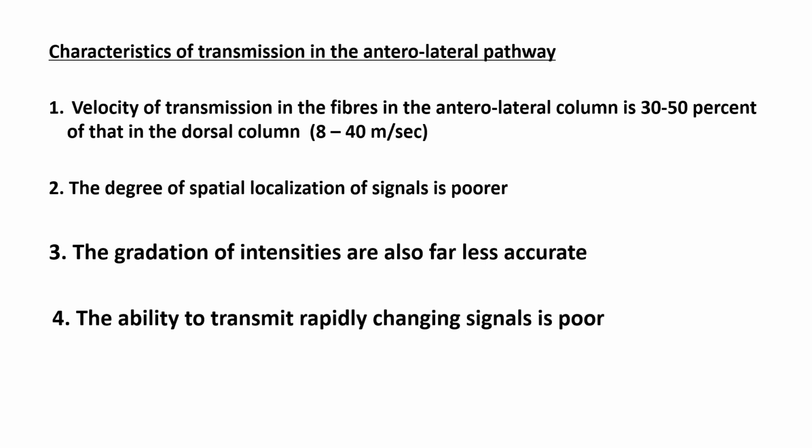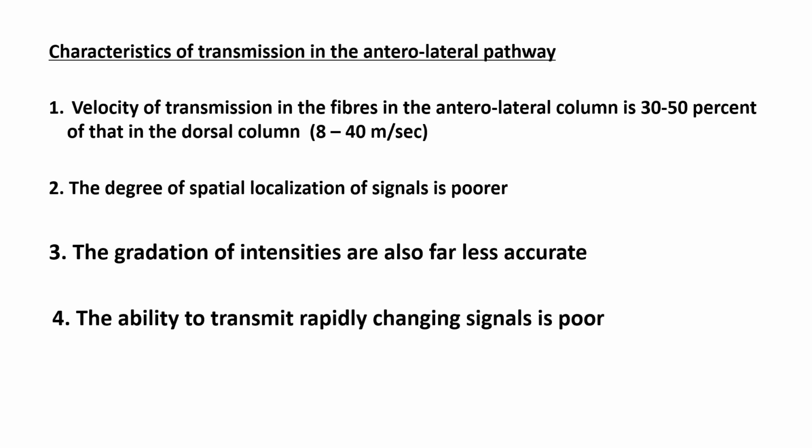So the characteristics of transmission in the anterolateral pathway, when you compare it to the dorsal column: generally the velocity of transmission in the fibers in the anterolateral column is 30 to 50% of that in the dorsal column. In other words, it is slightly slower. The reason being, in the anterolateral column the fibers are mainly A delta, which is class 3 and class 4 fibers, whereas in the dorsal column you have the class 1, class 2 fibers, which have a higher conduction velocity.